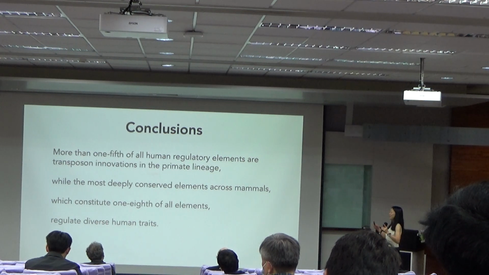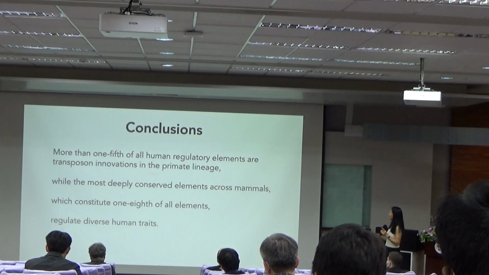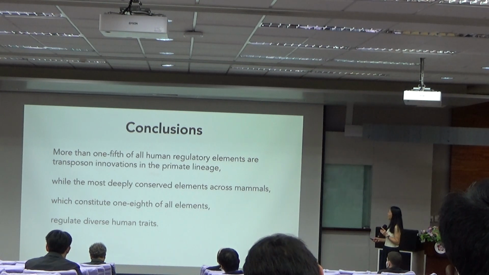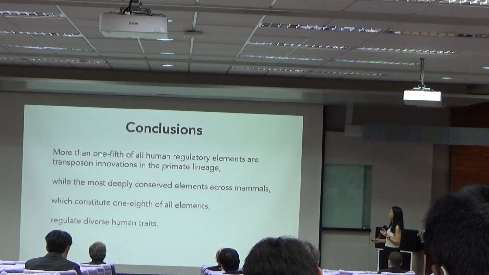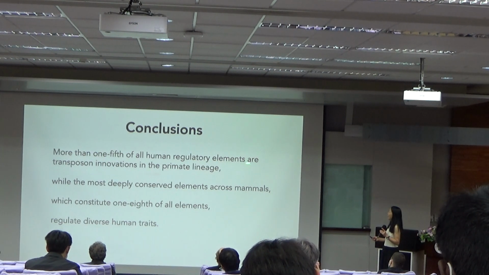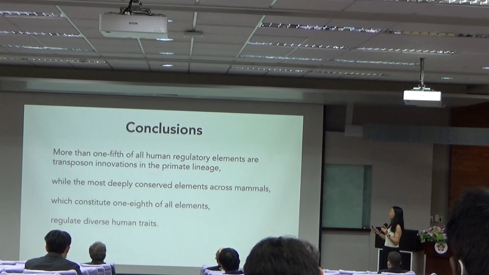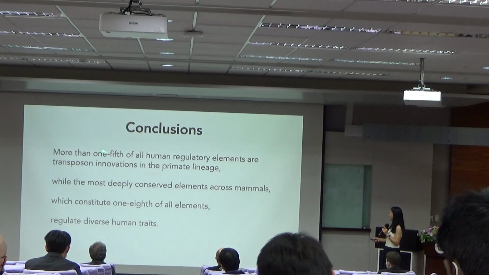Obviously, we try to impress you with how much work we have done. But the whole point is, if you look at them collectively, roughly 1/5 of these elements are transposon-derived innovations in the primate lineage. So we've been very busy inserting new things into our genome by transposable elements.